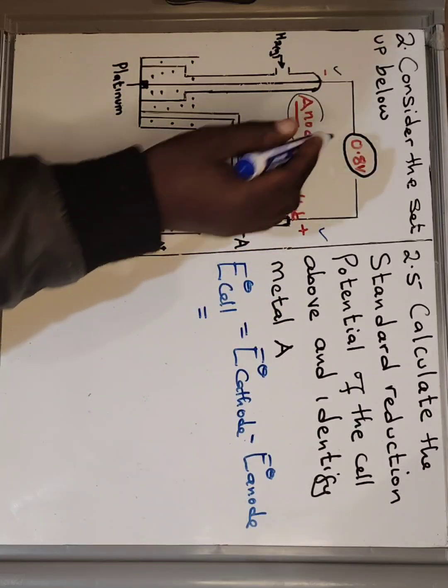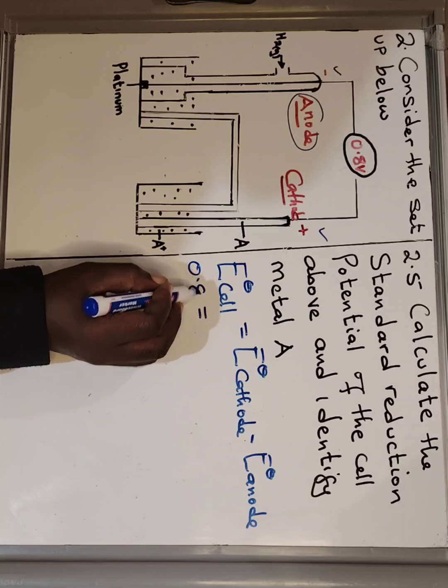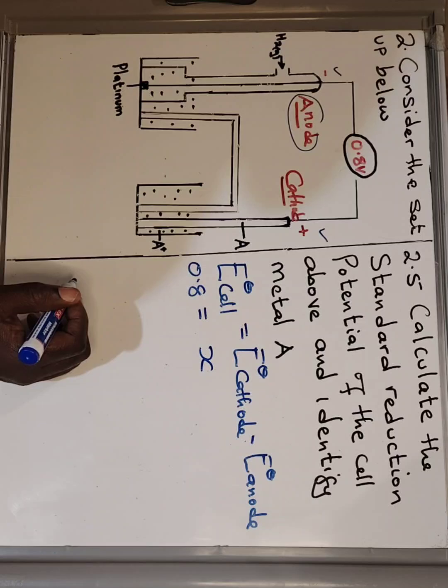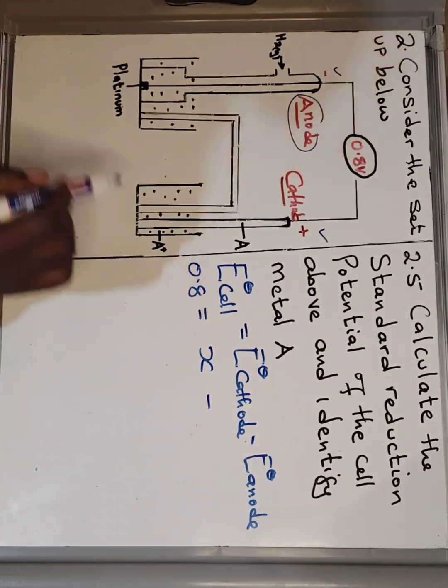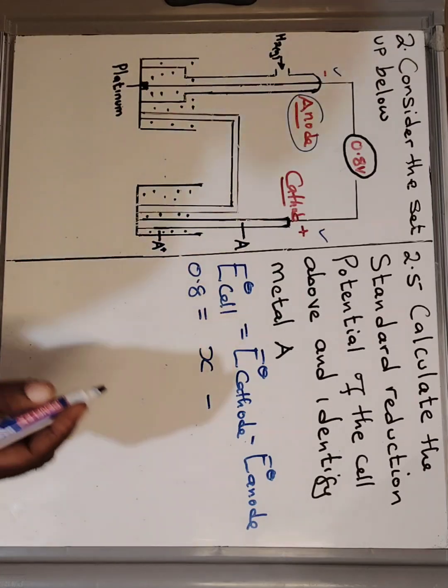But we know the cell potential, which is 0.8. So E cathode is X minus E anode. Now, you have to remember that hydrogen is used as a reference electrode. It is the electrode upon which all other electrode potentials were measured, and it is given number 0.0.